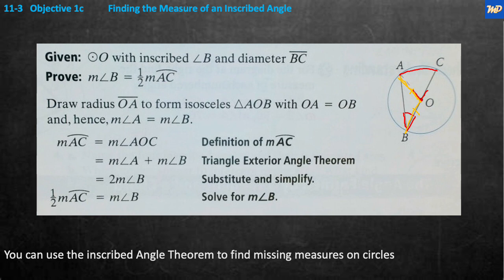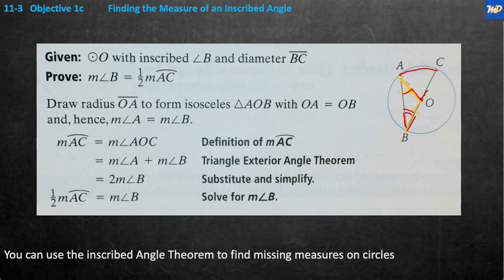Hence, since OA and OB are congruent and make this an isosceles triangle, the measure of angle A and the measure of angle B are equal to each other.